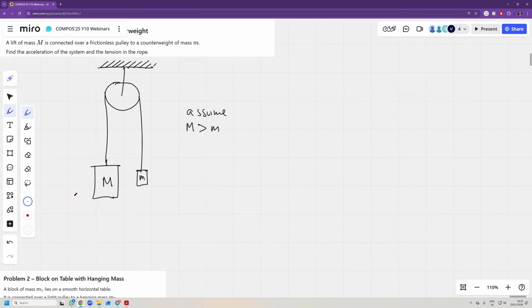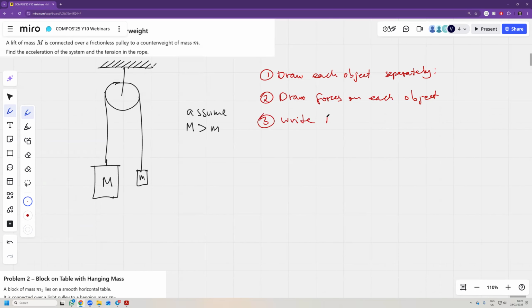So the algorithm is: first, draw each body separately. Second, draw forces on each object. And third, write Newton's second law for each object.